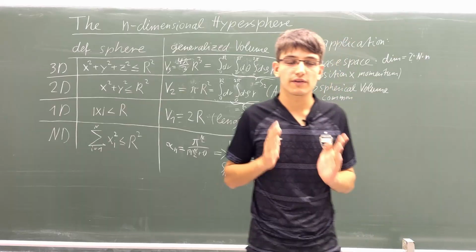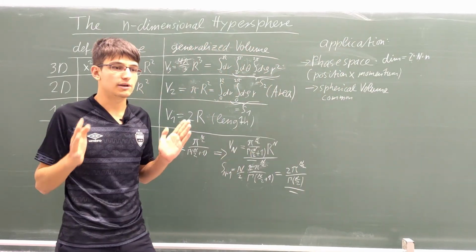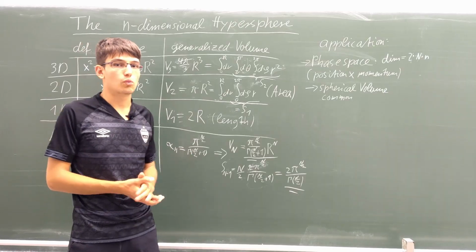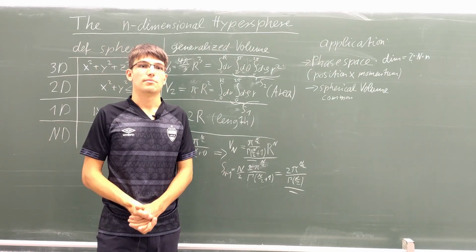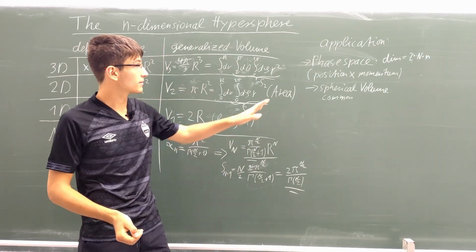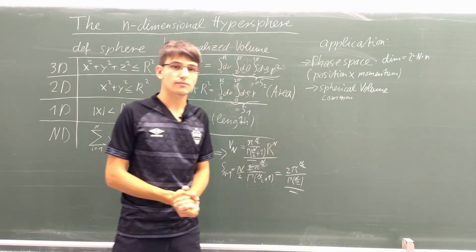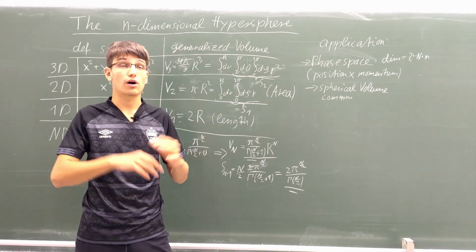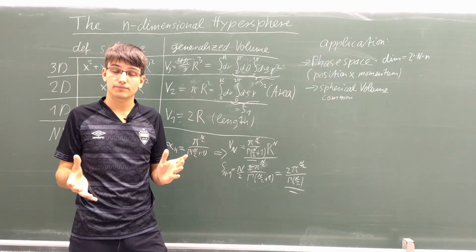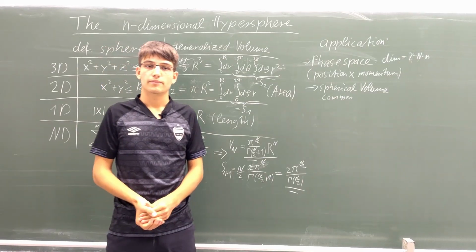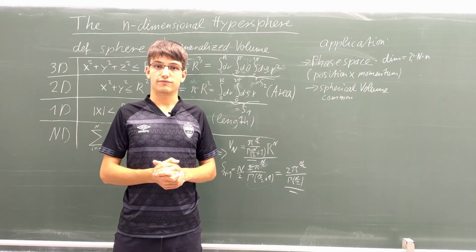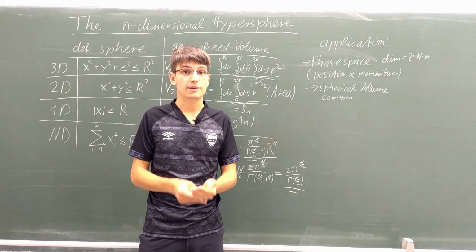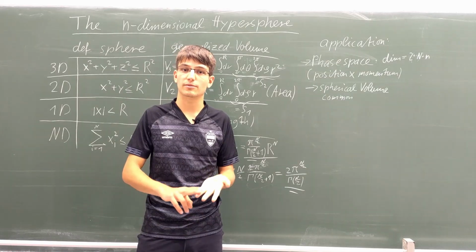But why are we even interested in n-dimensional shapes? In normal life, we work most of the time with 3 dimensions. But in physics, we also work with the concept called phase space, which is a combination of the position and the momentum of all particles in a system. If we have just 2 particles in 1 dimension, we already have 4 dimensions, so 2 times the position, 2 times the momentum.